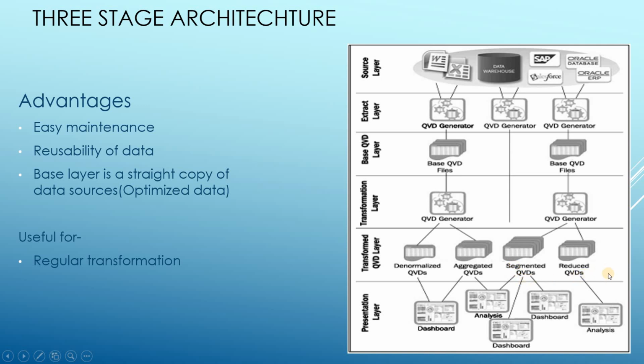This image also tells you that we perform very specific and regular transformations, and more complex transformations, for the end user. That is the reason we suggest the three-stage architecture rather than the two-stage architecture, because transformation is always very frequent and a regular process.